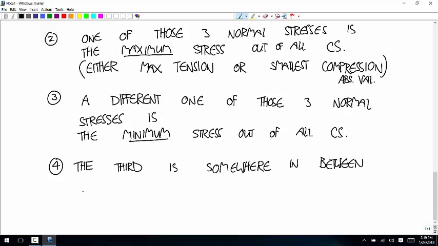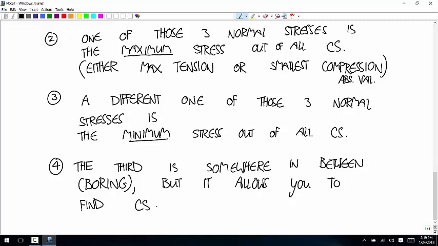Okay, so in between is boring, but it allows you to find the coordinate system with the maximum absolute value of shear stress.